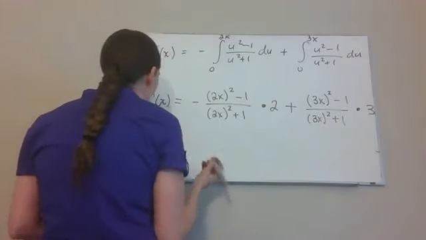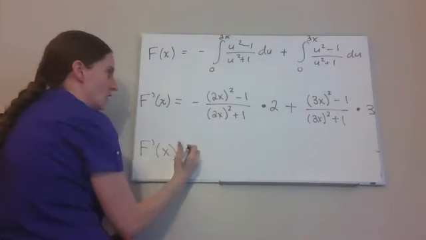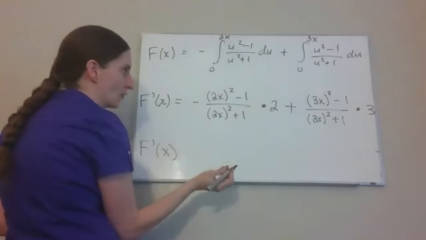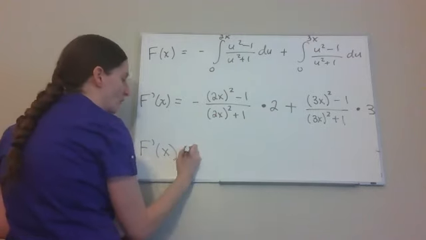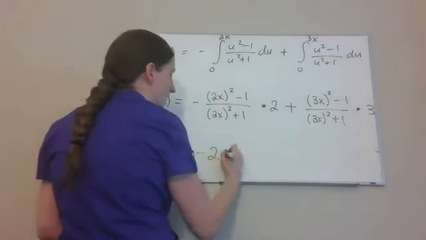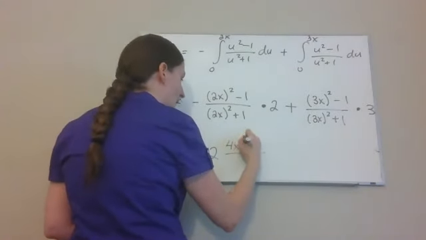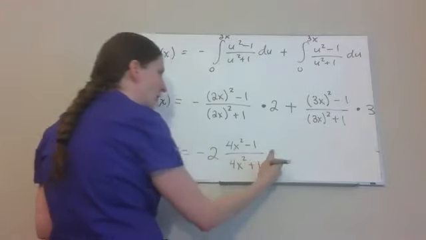And I wouldn't simplify this too much. I would just do a little bit of simplification. I know that 2x squared is the same thing as 4x squared. So I'm going to write this, move the 2 in the front. I have 4x squared minus 1 over 4x squared plus 1.